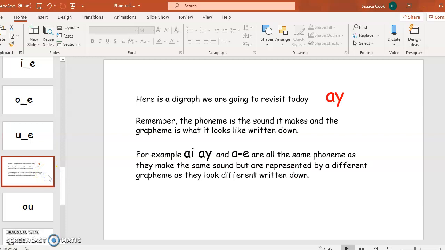So the digraph we're going to revisit today is ay.